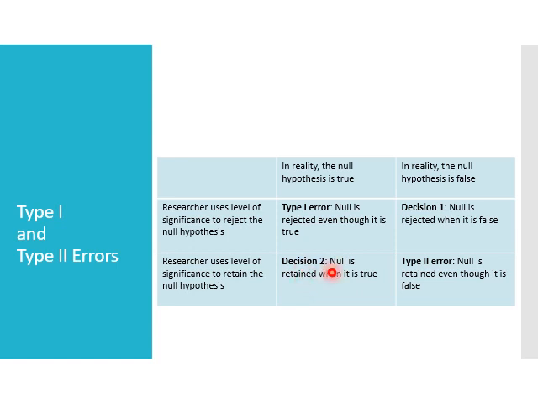However, if the null is retained instead, even though it is false, then that is a type 2 error.